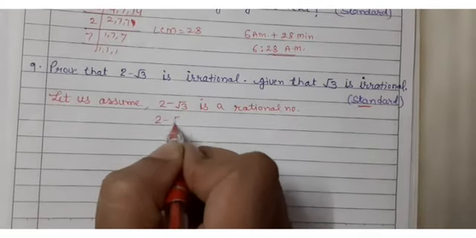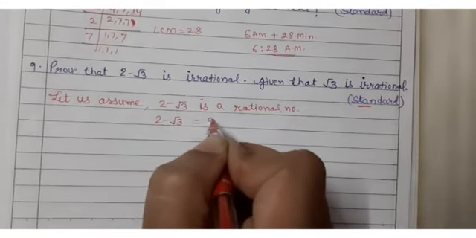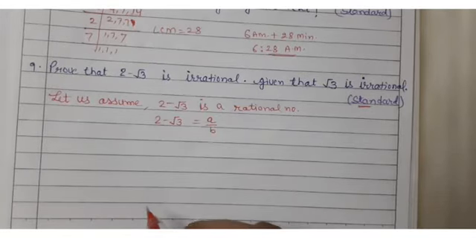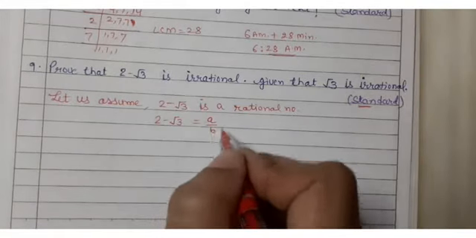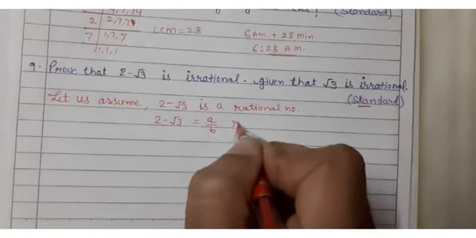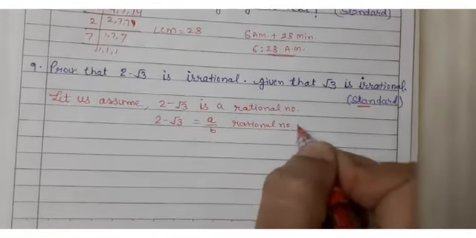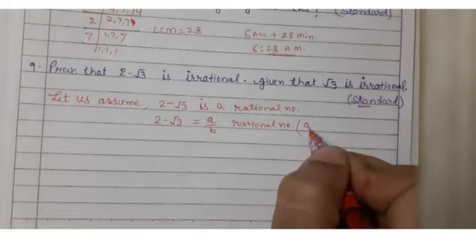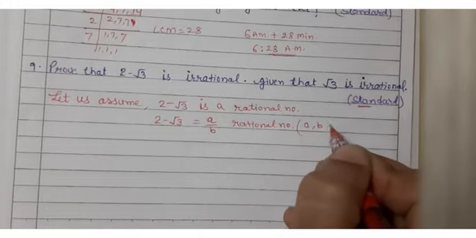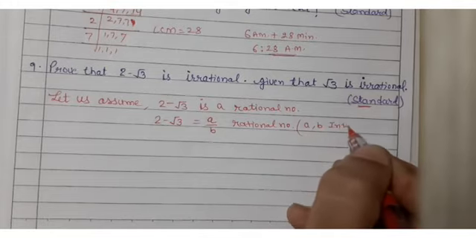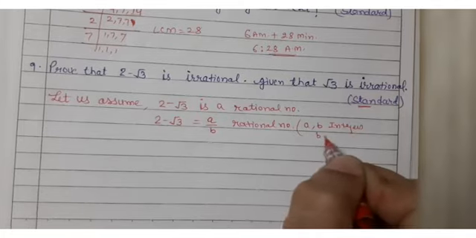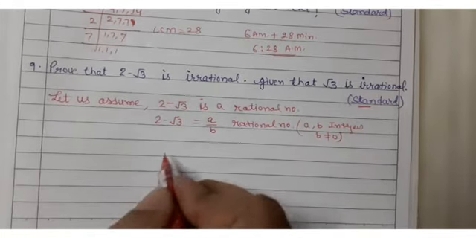So we can write it like this: a upon b, a rational number, where a and b are integers and b is not equal to 0.